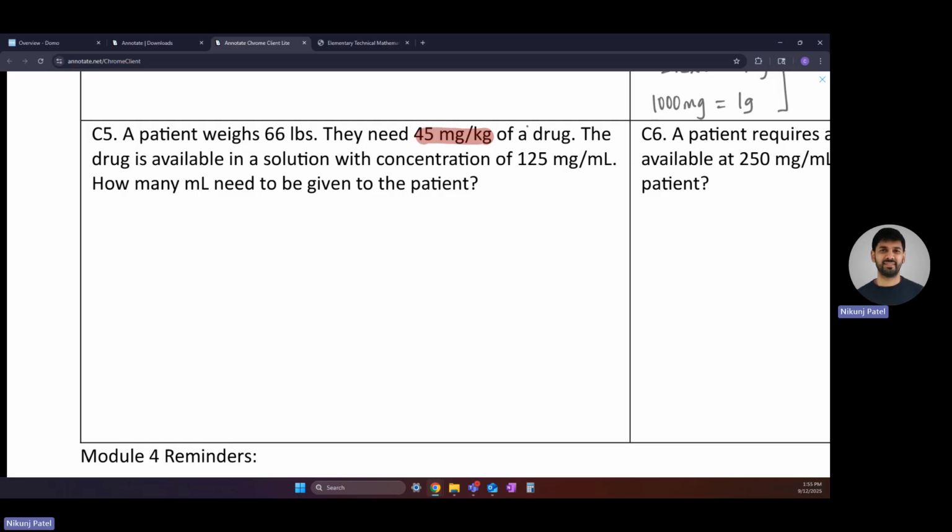The medication is available in a concentration of 125 milligrams per milliliter. How many milliliters do they need? See if you can try to piece it together. There are a few conversion factors not listed here that you would need to determine this. But see if you can pause and try this one on your own and then compare with the key.